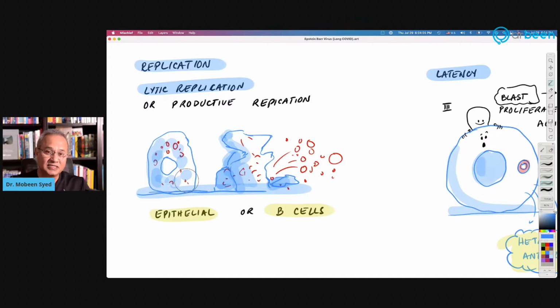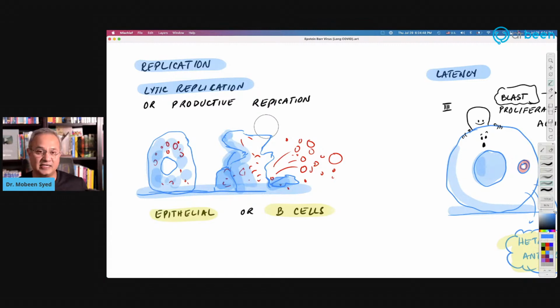Normally it goes into the B cells and sleeps. And when that virus is reactivated in the B cell, then it can most commonly start causing lytic replication. So there is a slight difference in how it may infect and cause lysis of the cell, but still at the end of the day, B cells will break down and epithelial cells will break down.